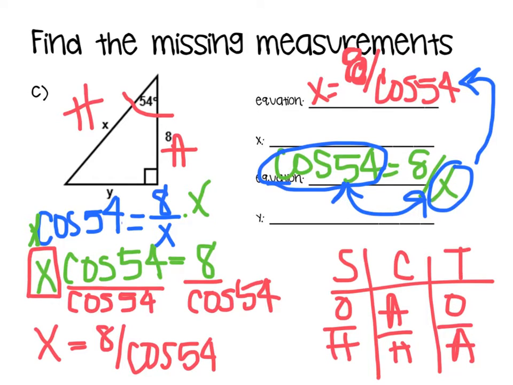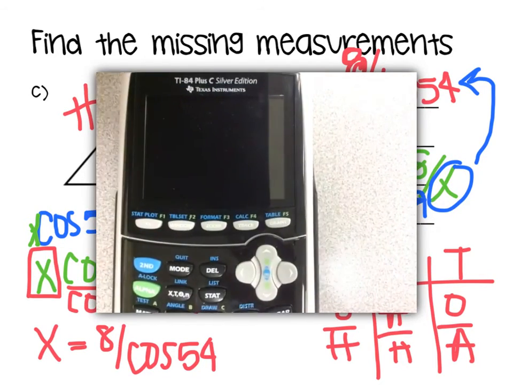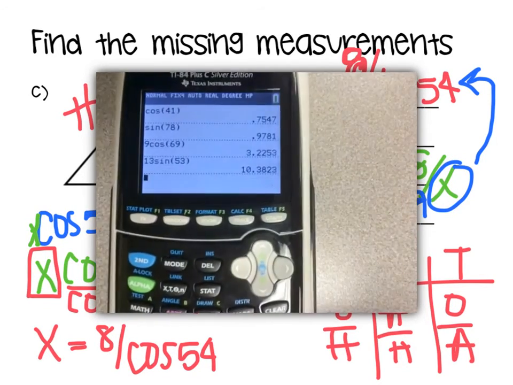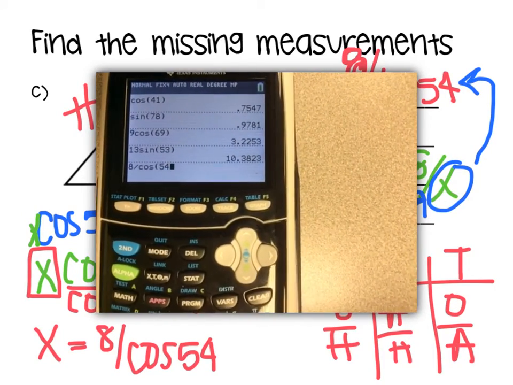So what is that value? What is our x value? Well, we can use a calculator and plug it in. Eight divided by the cosine of 54.